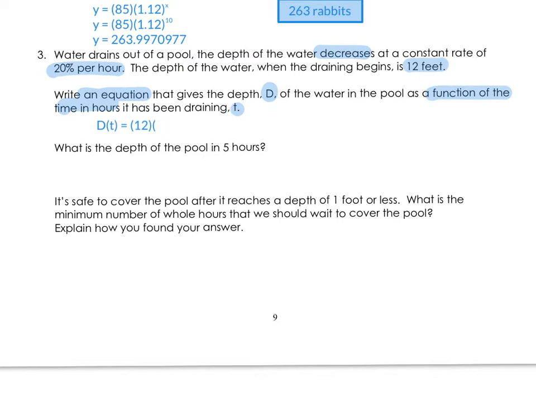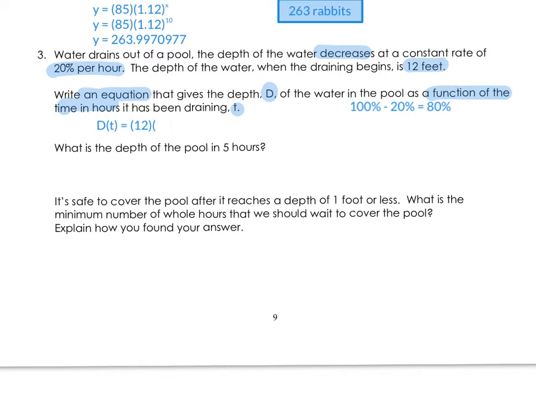B value, decreasing. It's decreasing 20% per hour. So that means that each hour we're starting off with the 100% of the water and then we're decreasing 20% each hour. So that means that my pool is actually going to be 80% full. So in place of the B value over here, I'm not putting anything with the 20%. I use that to find out how much of the pool is actually left.